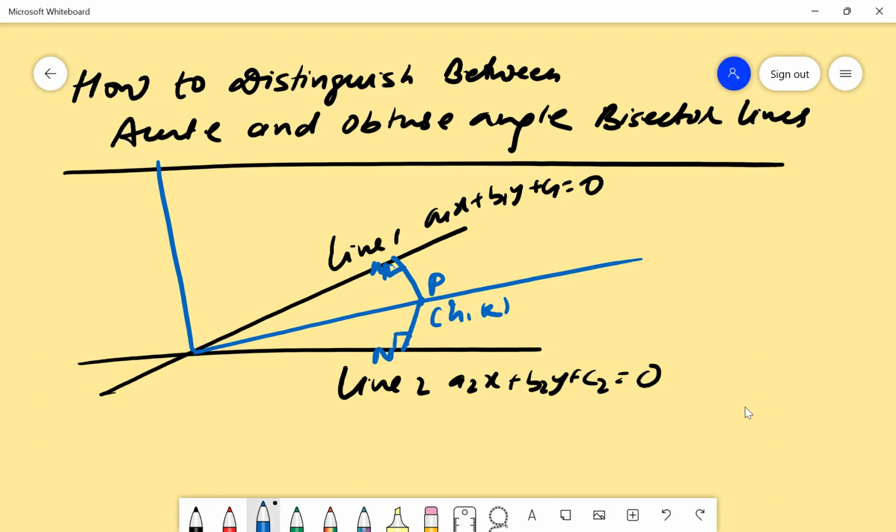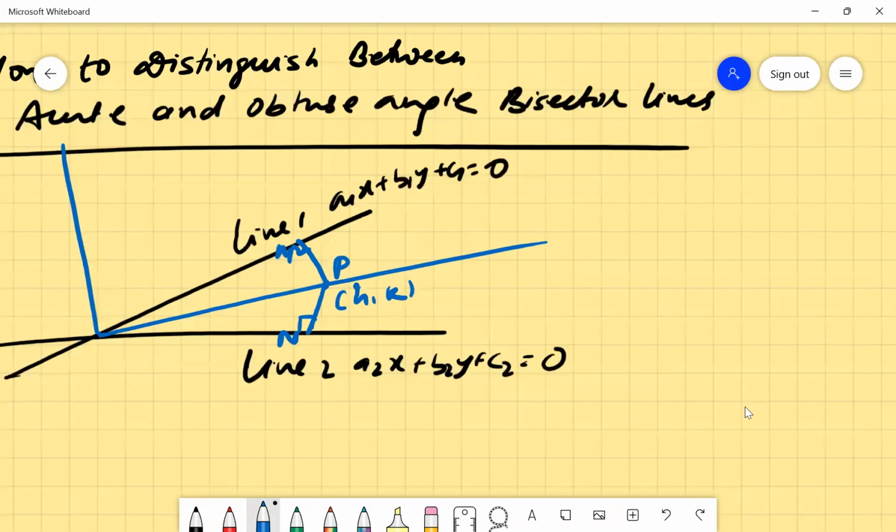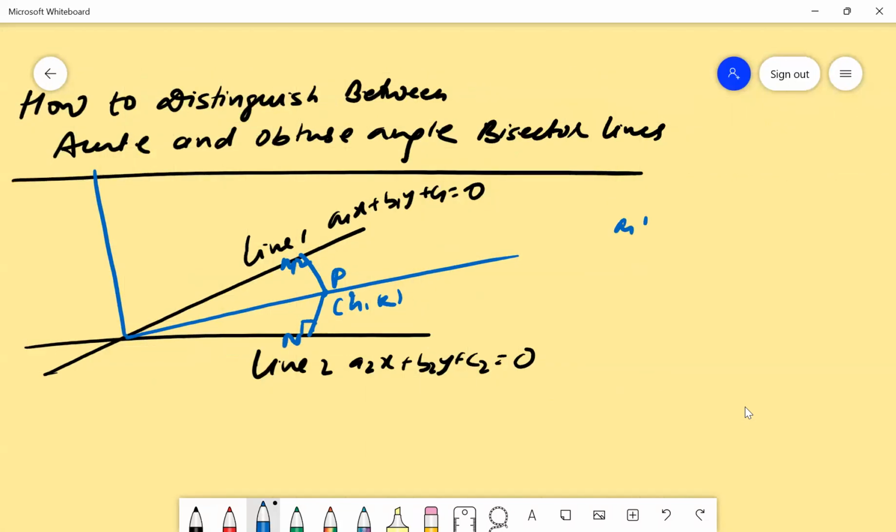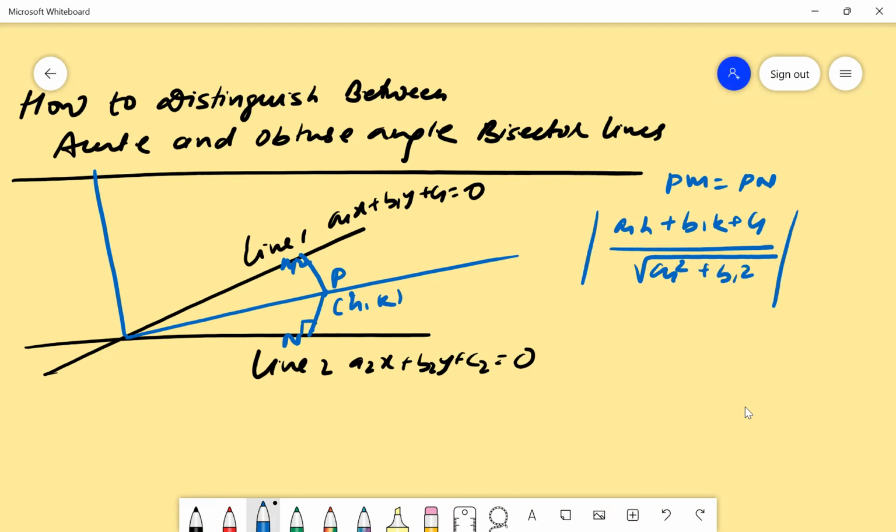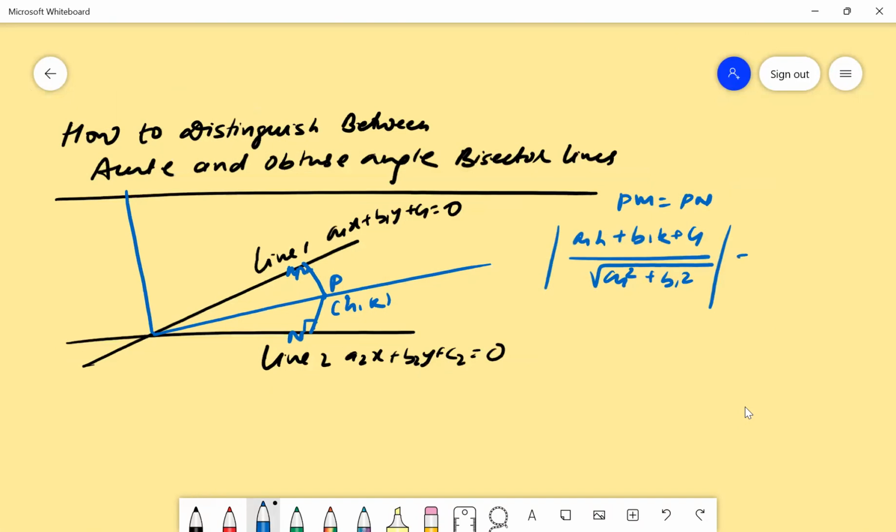So, as PM equals PN, we can write modulus of a1h plus b1k plus c1 under root a1 square plus b1 square is equal to a2h plus b2k plus c2 divided by under root a2 square plus b2 square.